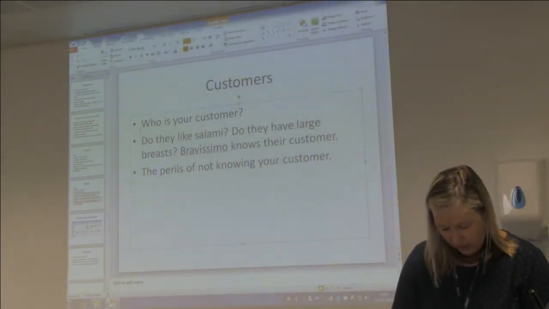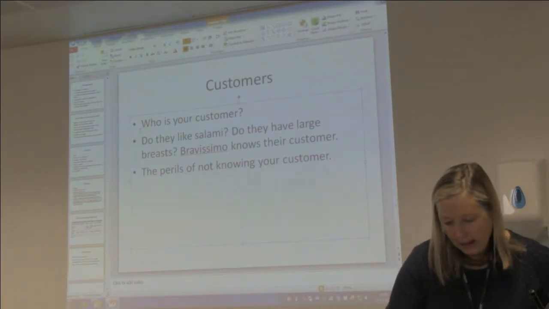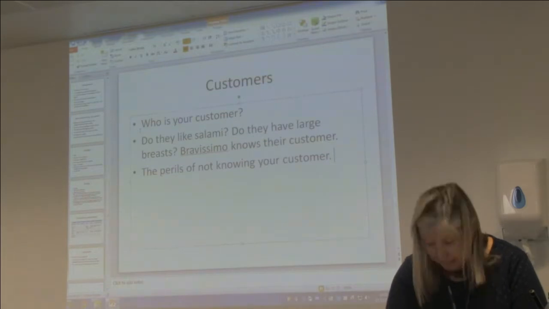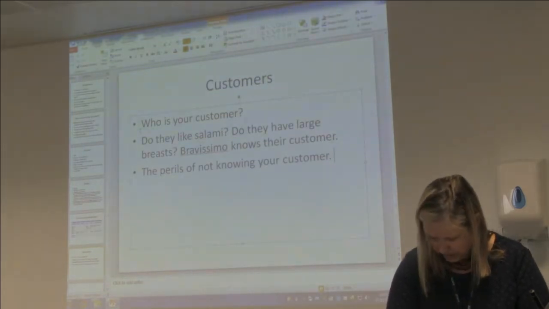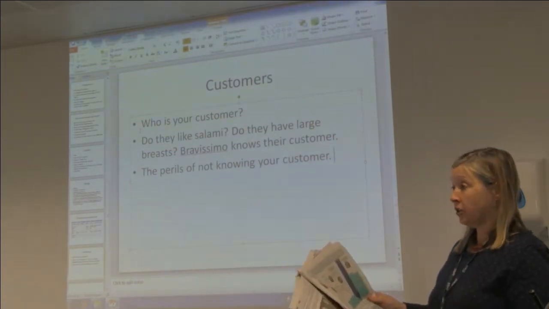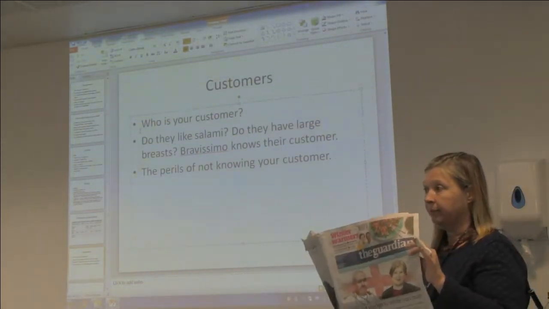All right, so now, Emily Thornberry, who is the Shadow Attorney General, was in Rochester and Strood to try and drum up votes for Labour.